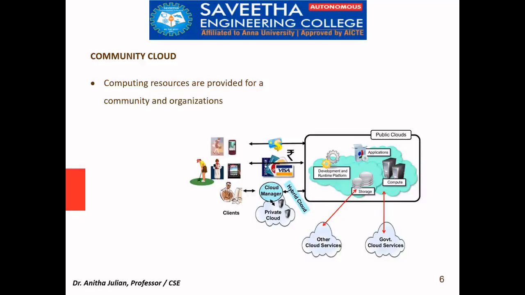Then you can have specific clients, each of them paying, and you have a combination of all the types. You can have a hybrid cloud or a private cloud. So it is a community or a group of people who will be subscribing, and only those people can be using it. That becomes a community cloud. So these are the four cloud deployment models, that is, the method in which the cloud is being given to the consumer.